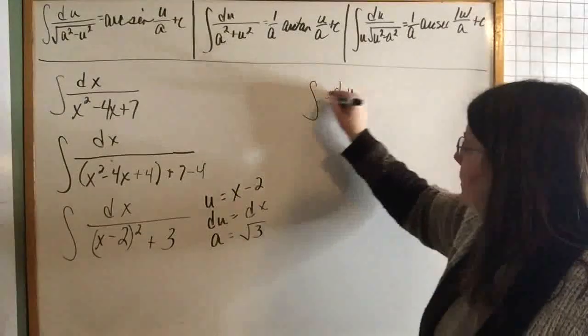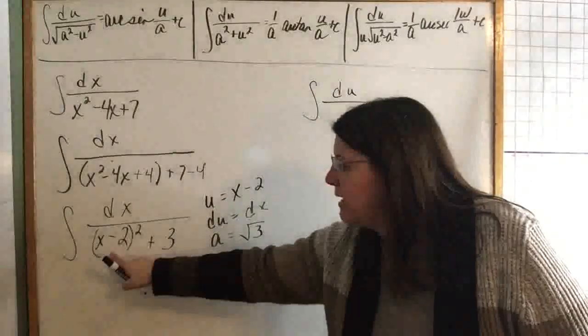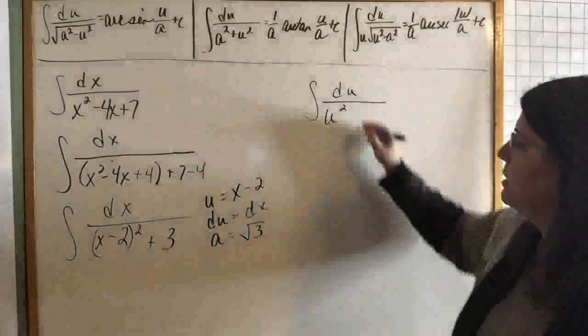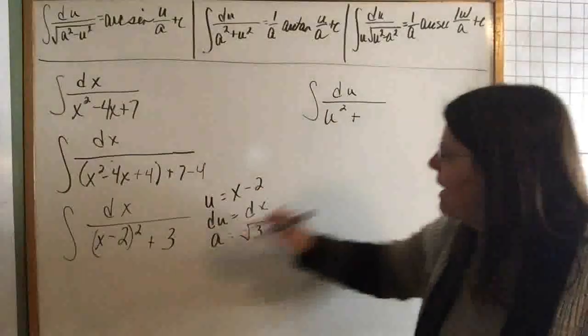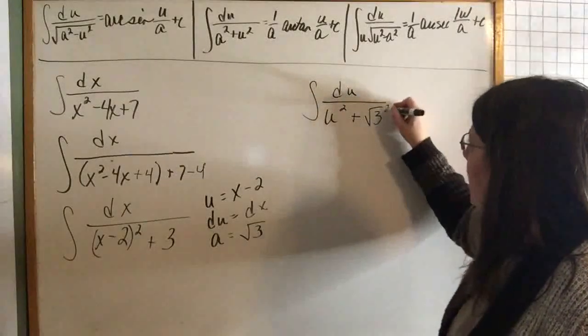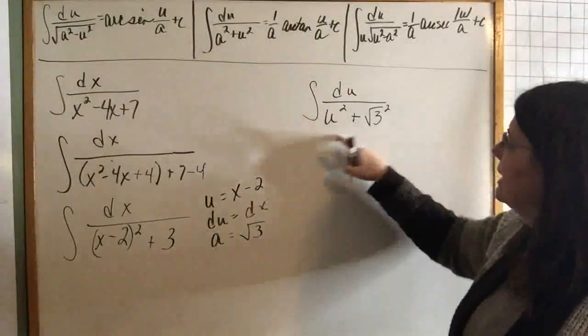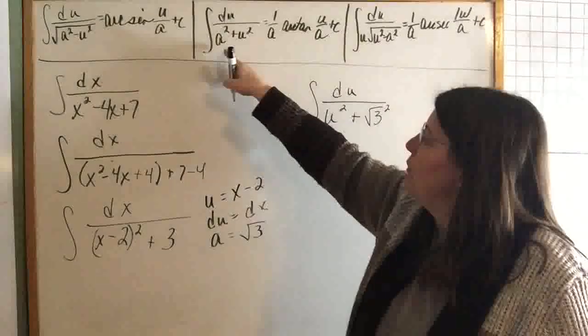So now if I just substitute in, the dx is du over x minus 2 squared. X minus 2 is my u, so I've got u squared plus the square root of 3 squared. That's my a value. So that looks to me like it is this formula.